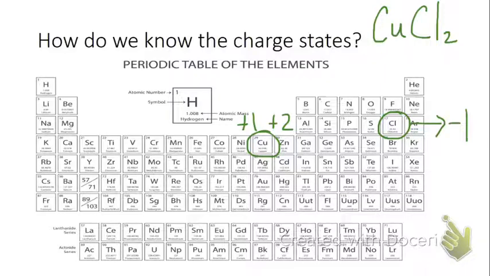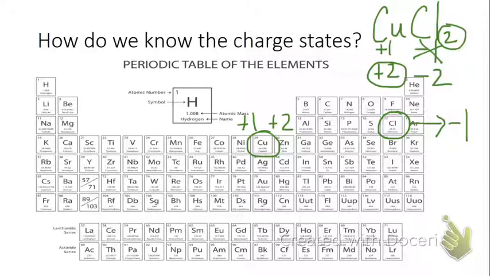Chlorine always takes a -1 charge. We have two chlorines, so we know that the total charge on the chlorine is a -2. So to neutralize this charge, we need the +2 state. So the name for this molecule is copper(II) chloride. The more practice we get, the better we will become.